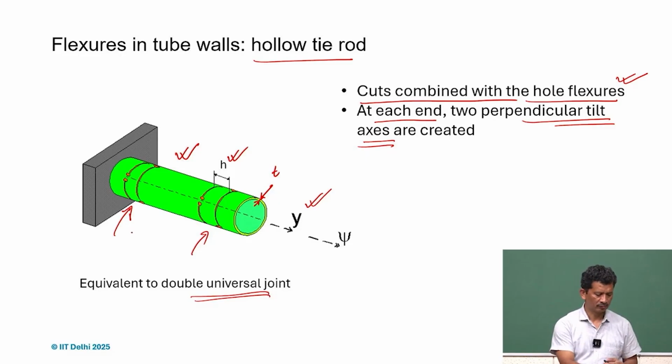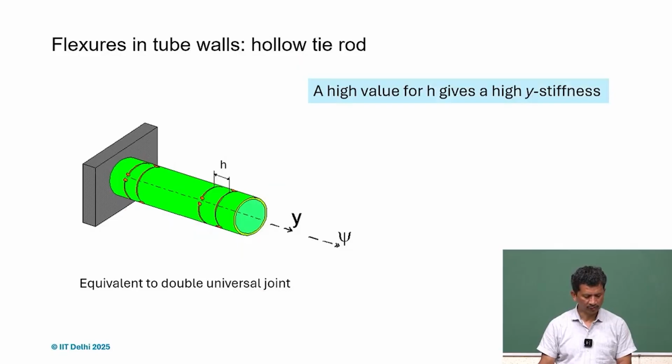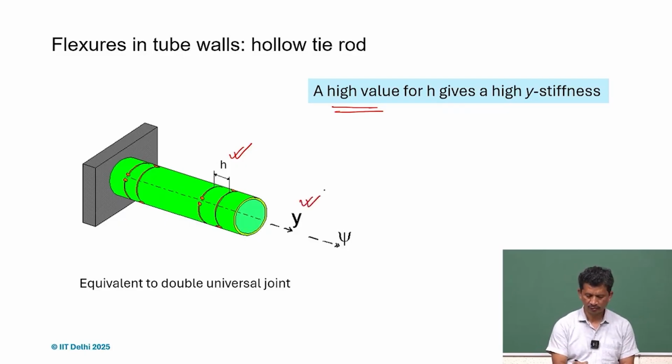So at ends 1 and 2, we can create a very good mechanism here. We also realize that if this h has a high value, so the width is large, that section will be rigid, and therefore the y stiffness will be very high.